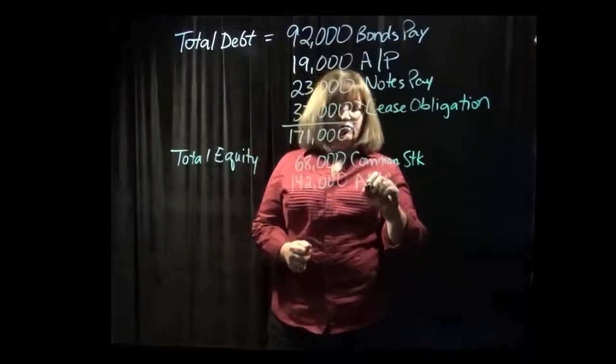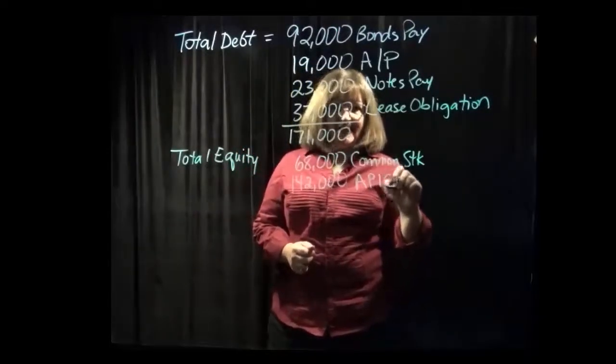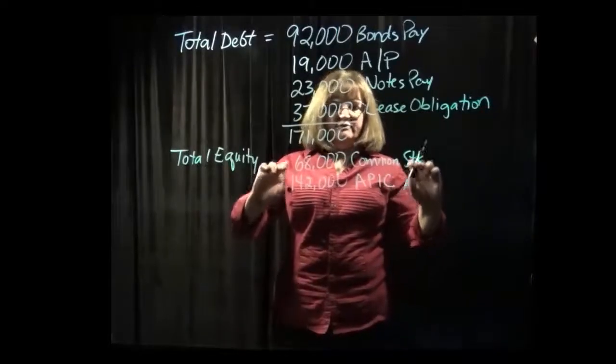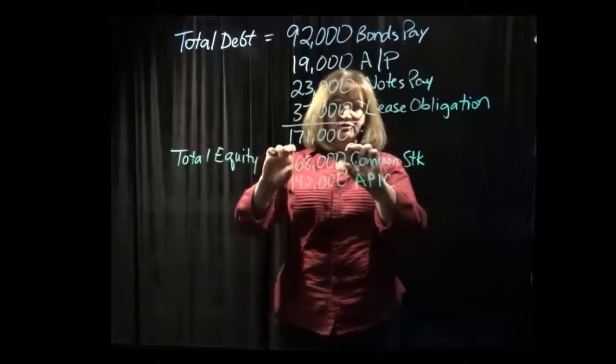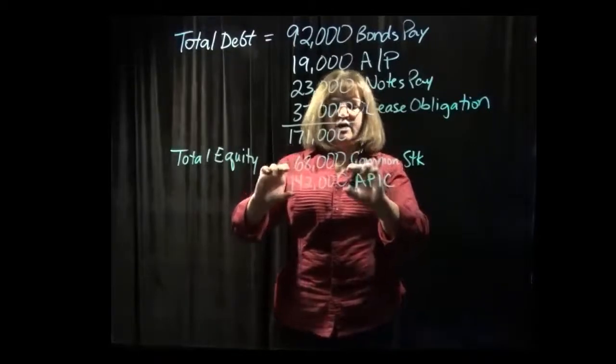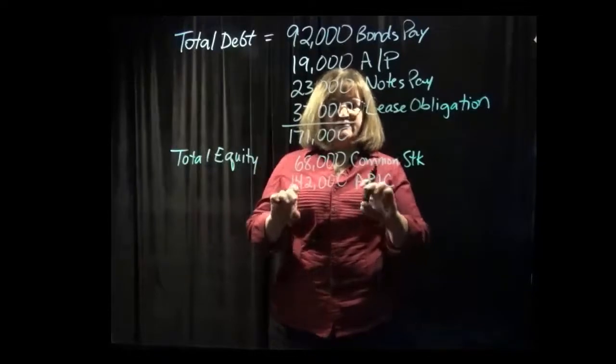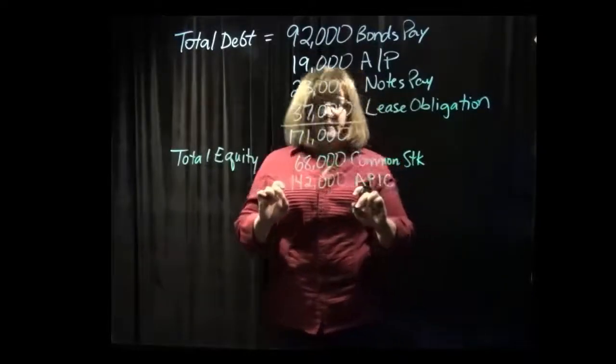APIC stands for additional paid-in capital. So it's what we receive when we sell our common stock on top of the par value. So the par value is recorded in the common stock account. The additional paid-in capital is the additional amount of cash we receive above and beyond the par value.